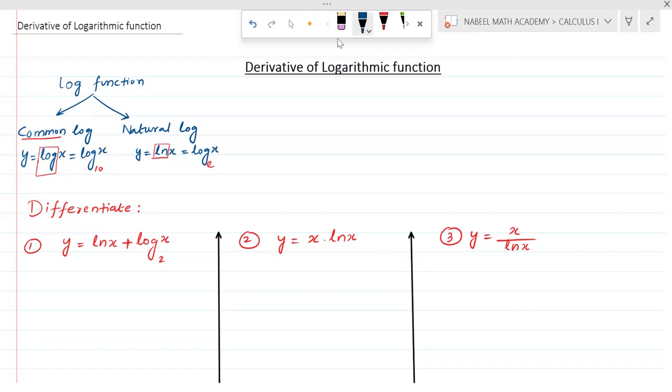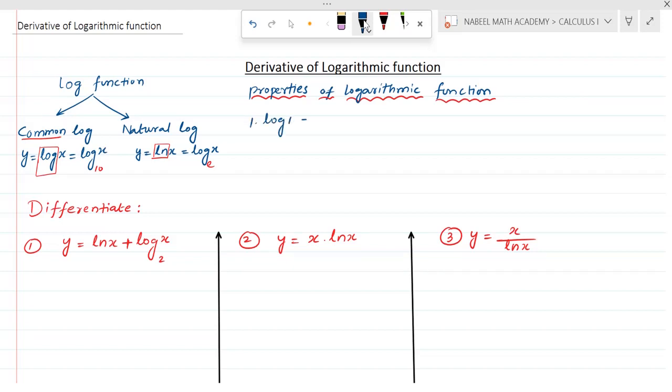Now we will study some of the properties of the logarithmic function. This is very important to solve the problem. Number one, what is the log of 1?